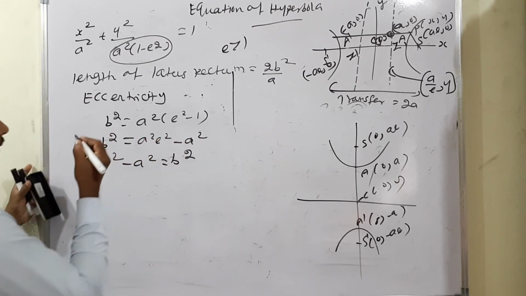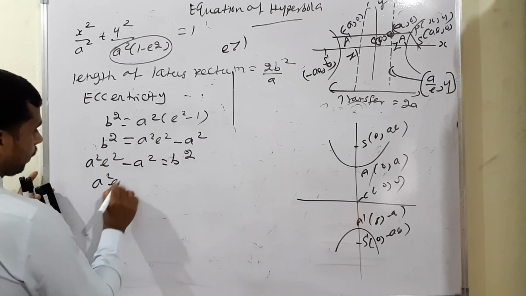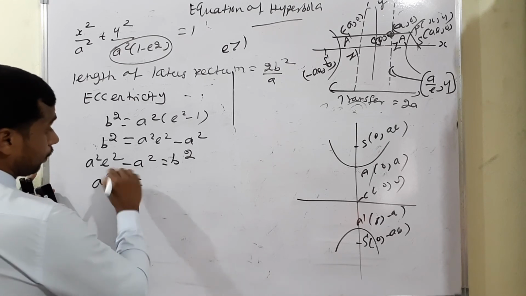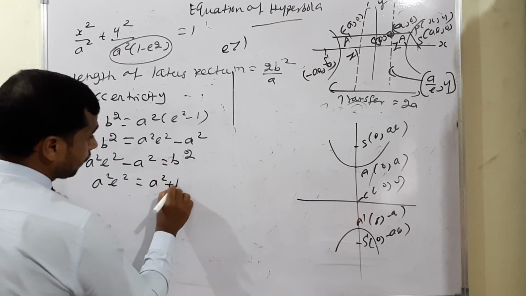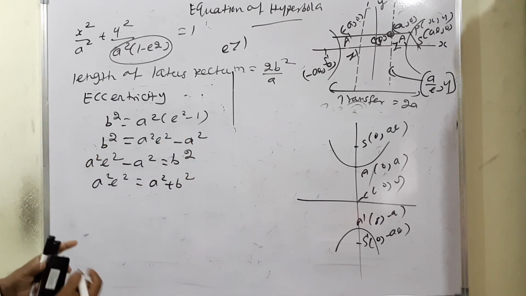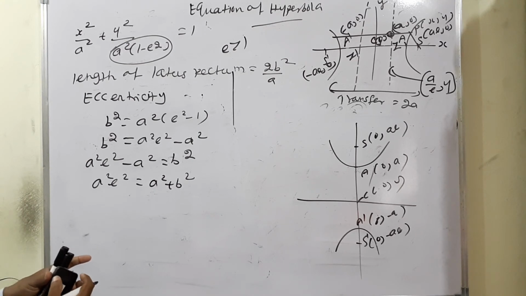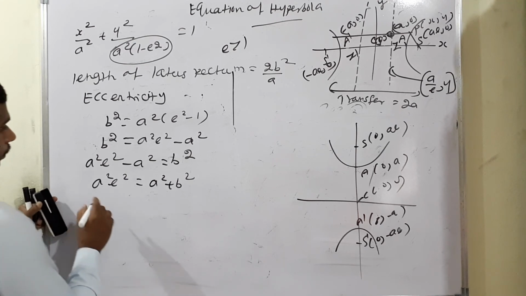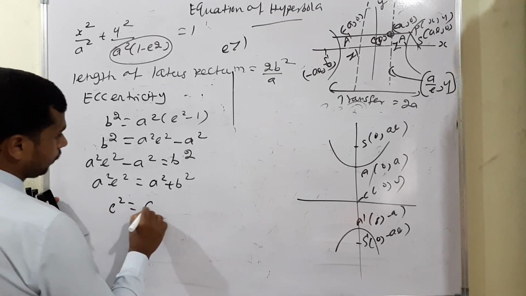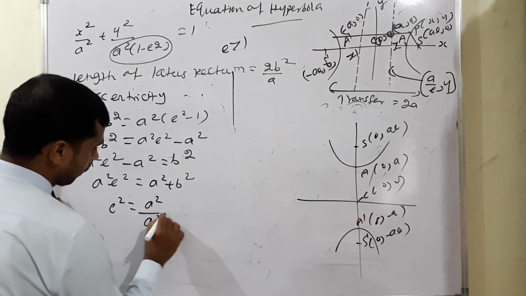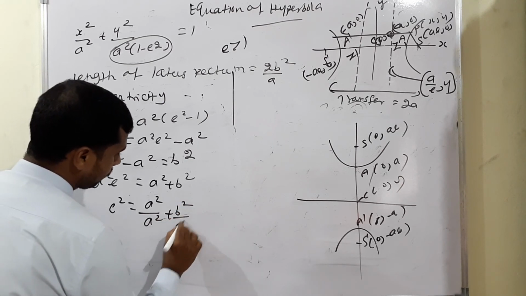So a square e square is equal to a square plus b square, isn't it? Therefore, e square is equal to a square plus b square by a square, isn't it?